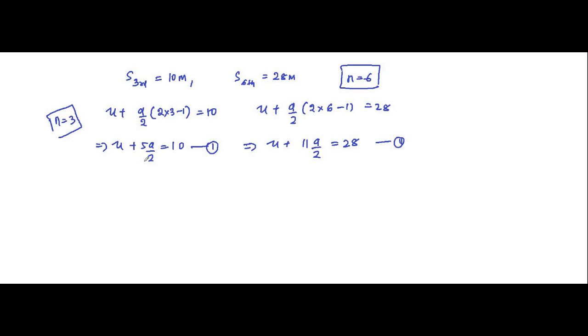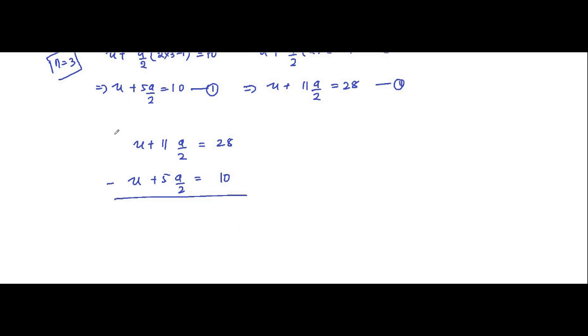Let us say we subtract equation 1 from 2. So that will be u plus 11a by 2 equals 28 minus u plus 5a by 2 equals 10. The u will get cancelled.